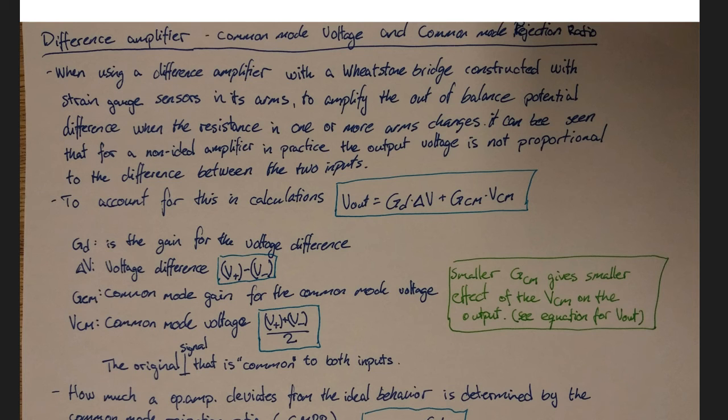To account for this in calculations, we can say that the output voltage is equal to the gain of the voltage difference between the inputs plus the common mode gain times the common mode voltage.